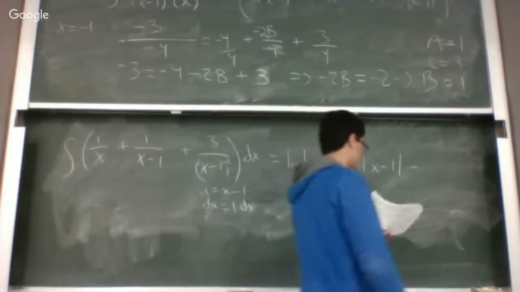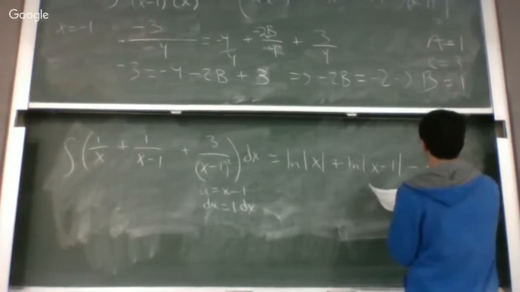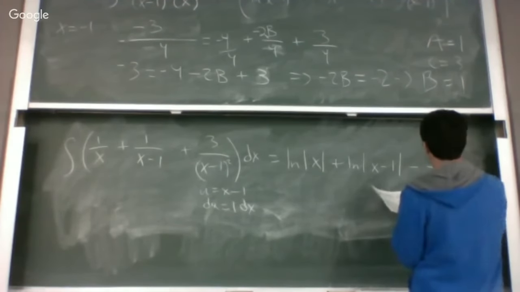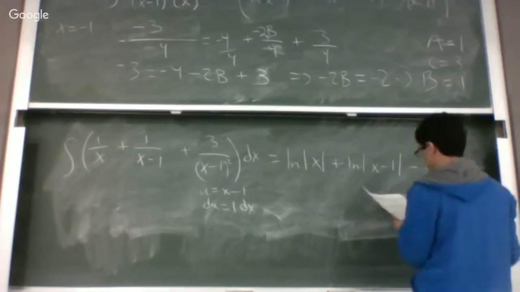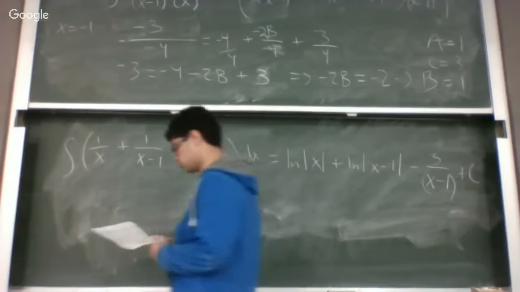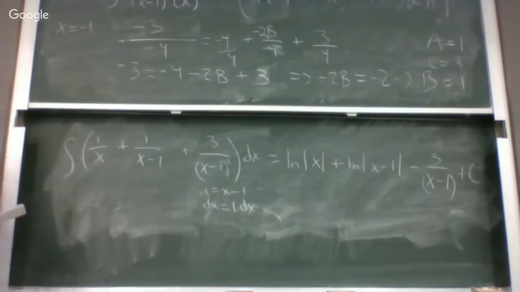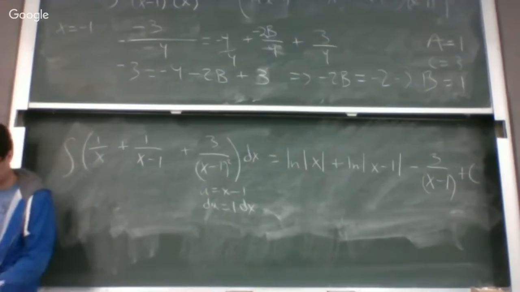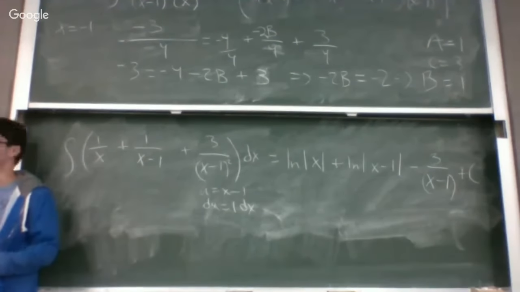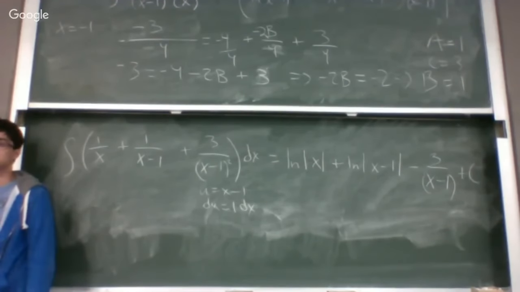So you just have minus 3 over x minus 1 as your integral plus c. Any questions on that? Does this unit seem easier now?